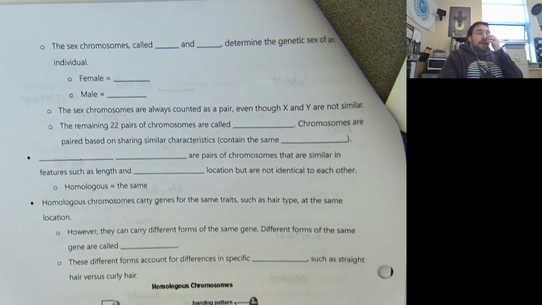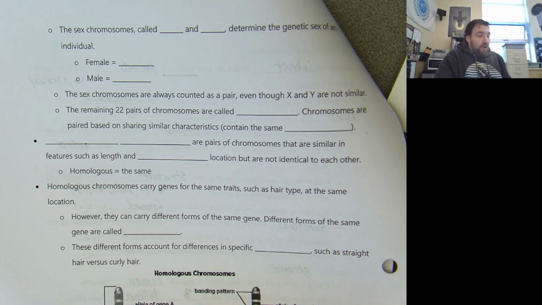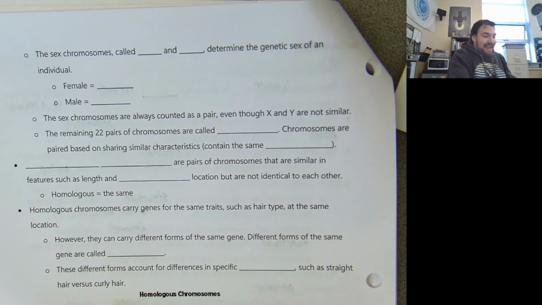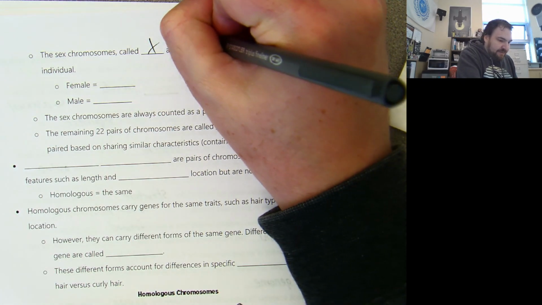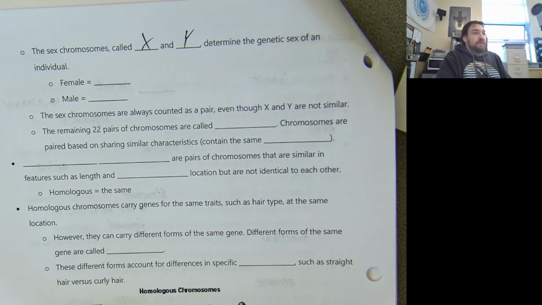The sex chromosomes are important enough that we have given them specific names. What are the names of these sex chromosomes? X and Y. They determine the genetic sex of an individual.